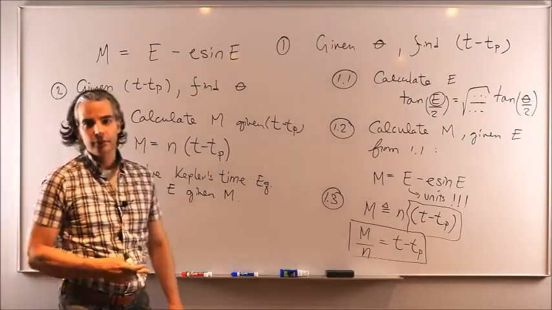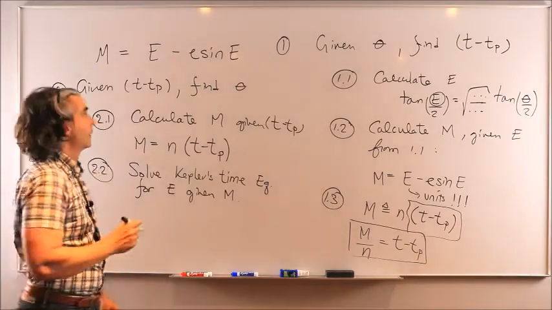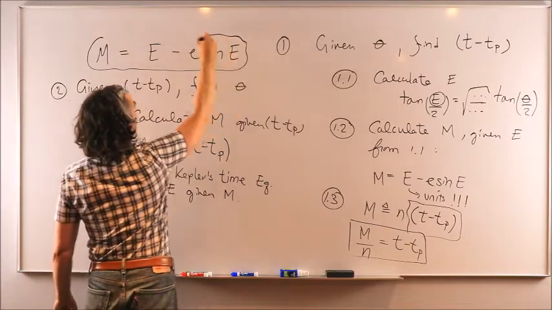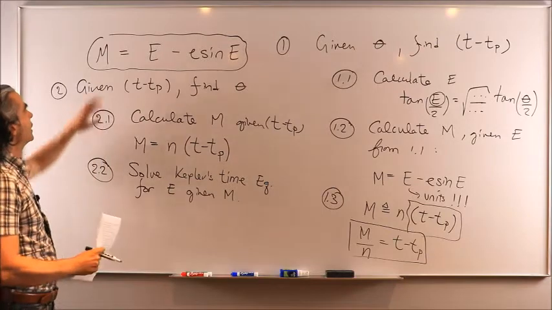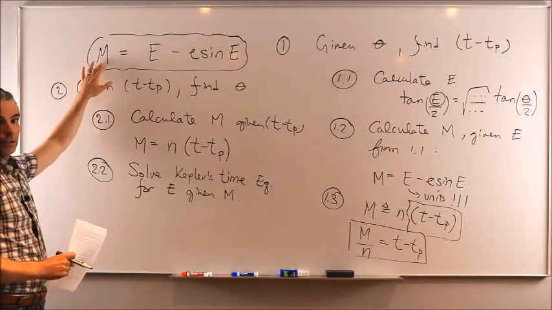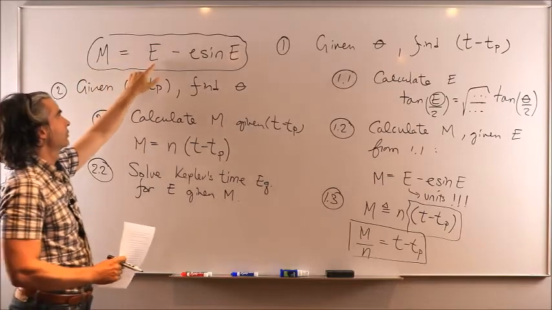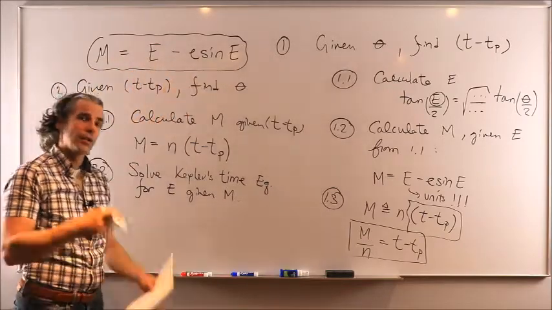Is that easy? No, this is quite difficult, because that equation, unfortunately, cannot be solved directly for the eccentric anomaly given the mean anomaly. There's no way you can do it directly. The only way to solve that equation for big E, the eccentric anomaly, is to iterate, okay?